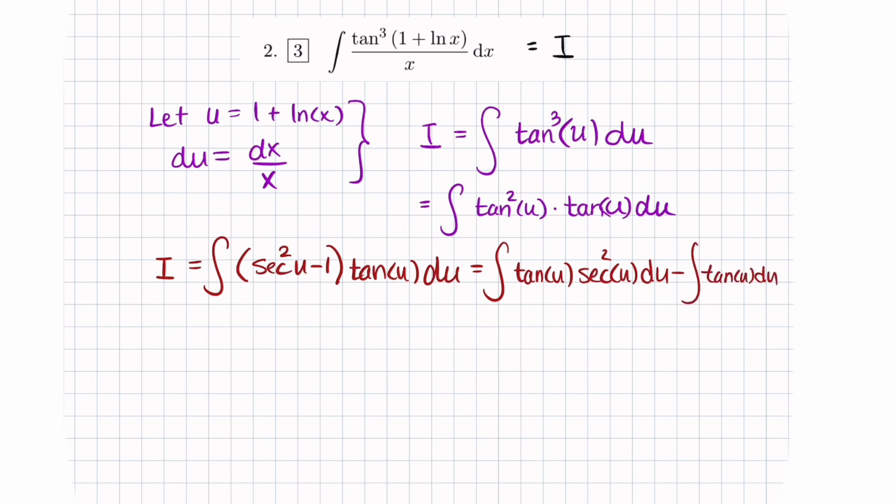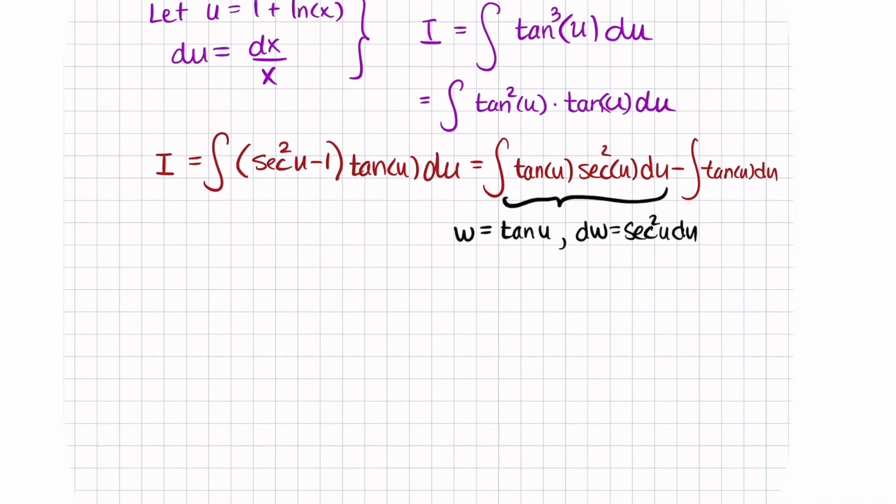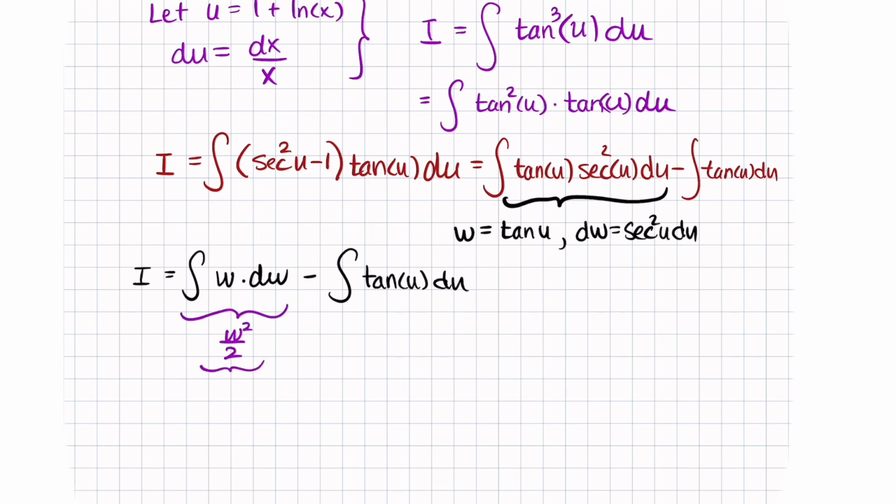Now, for that first integral of tan u secant squared u, we're going to make a substitution of w equal to tan u, and dw will equal secant squared u du, so this will work out nicely. So that first integral will become the integral of w dw. And we'll just write out the second integral there. Now the integral of w dw is w squared over 2, so that'll be tan squared u over 2.